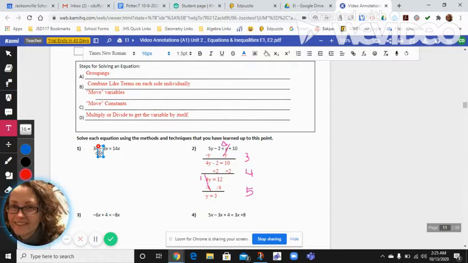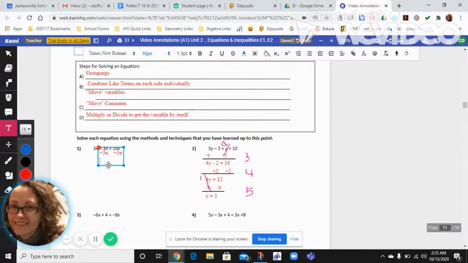In order to do so, I'm going to move my variables to the right-hand side, and I'm going to do that by adding. Right now that 3x is being subtracted, so I'm going to add it in order to move it from the left side to the right side. I'm using its opposite operation.